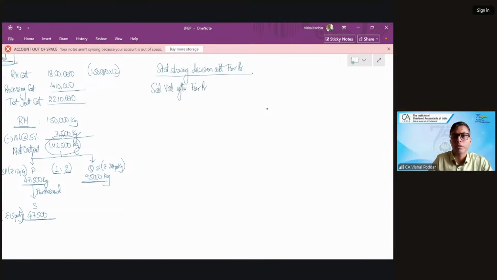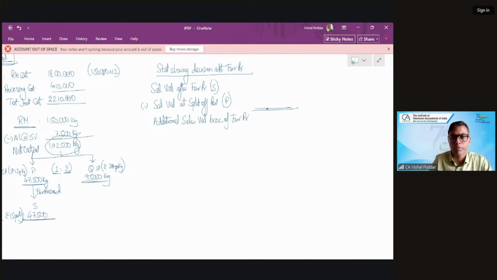What I will do, I'll take sales value after further processing, that is of S. From that, I will subtract sales value at split off point, that is of P. Now, what I'll get after deducting this is the additional sales value because of further processing.